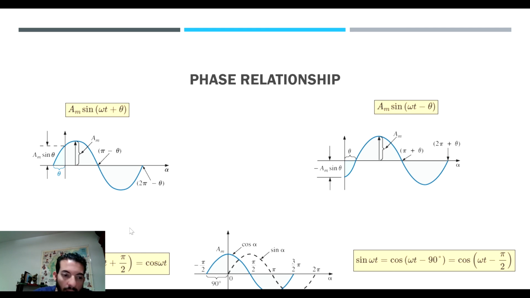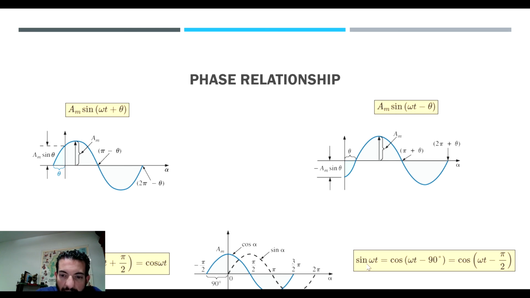And I was telling you earlier that you can transfer a cosine wave to a sine wave when they're shifted by 90 degrees. So a sine wave is the same thing as a cosine wave that is shifted by 90 degrees. For example, sine of omega t, that's sine of 2 pi f times t, plus 90, or plus pi over 2, this is in radians, this is in degrees. This is the same thing as cosine of 2 pi f t.